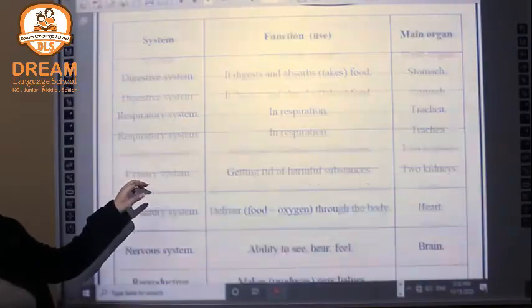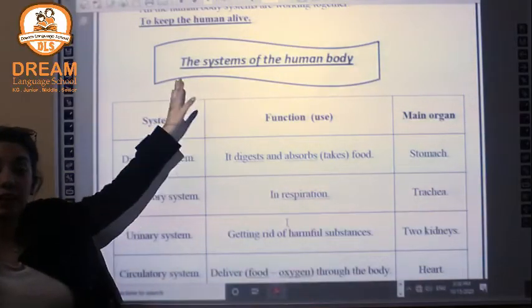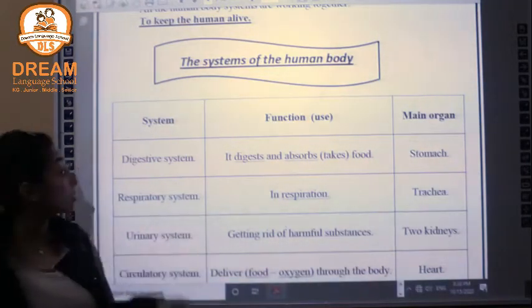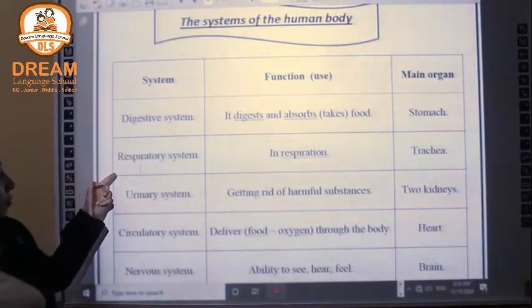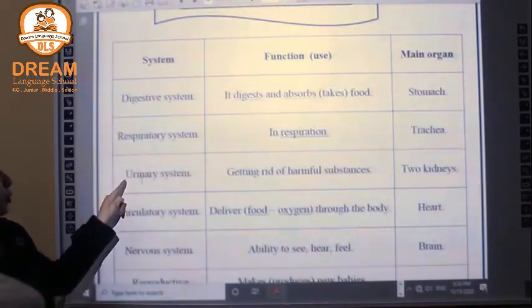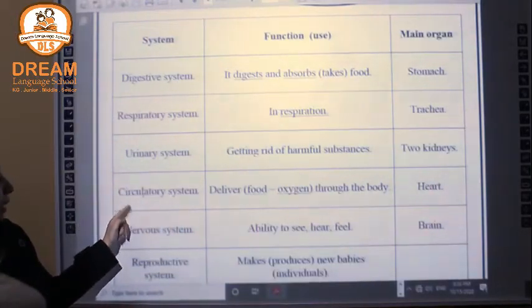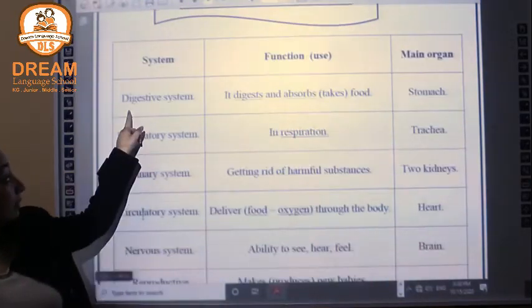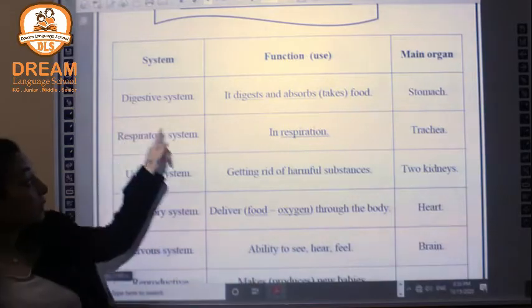So let's start with the systems of the human body. How many systems do we have? We have 6: digestive system, respiratory system, urinary system, circulatory system, nervous system, reproductive system. The digestive system: what is its function?